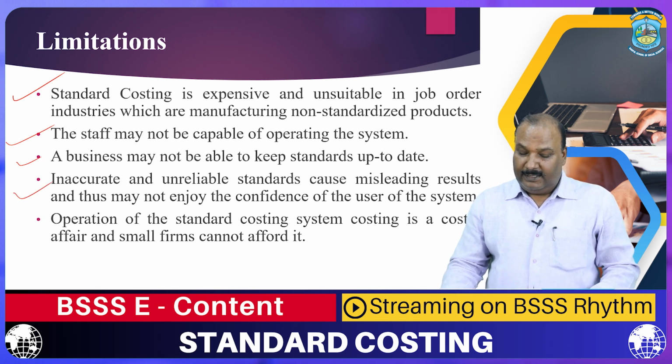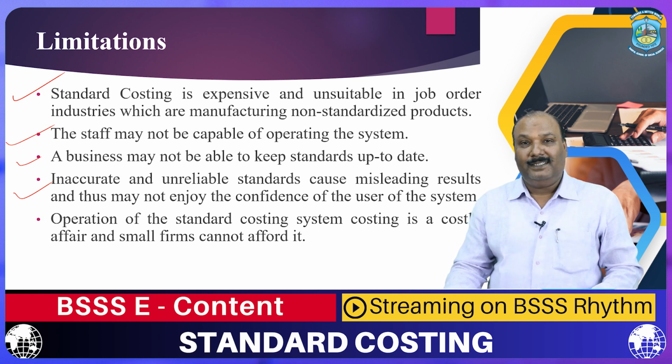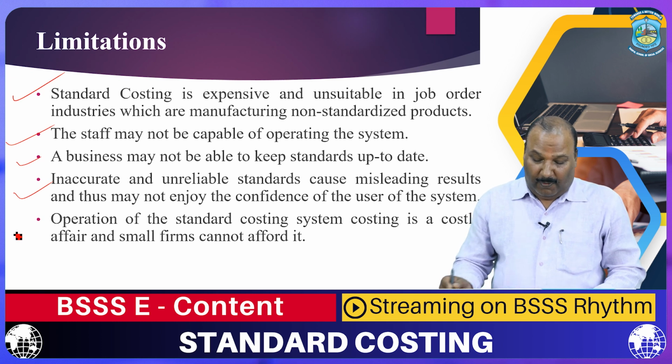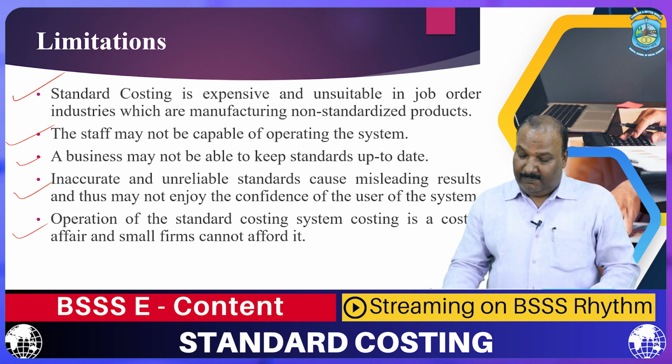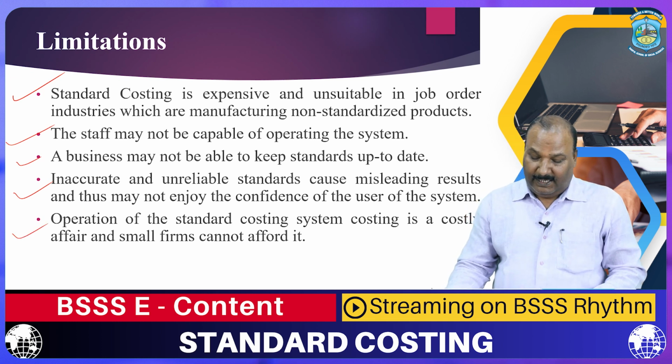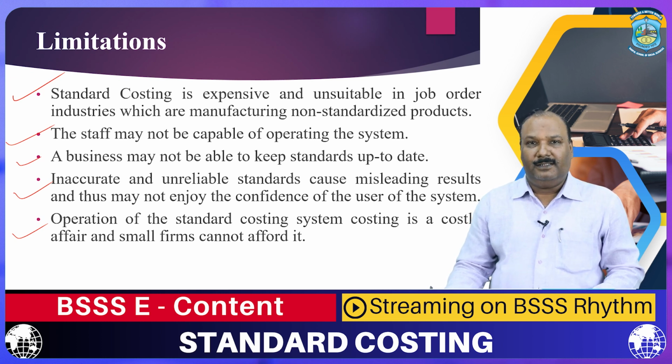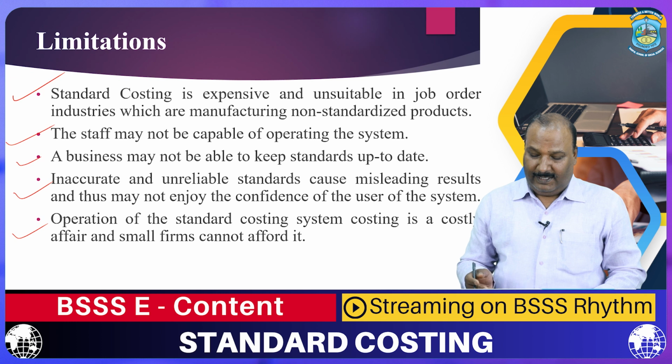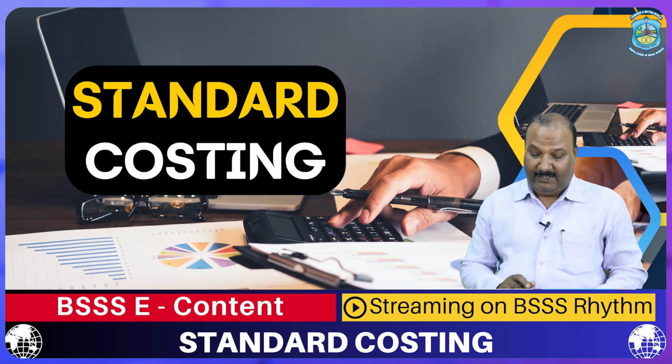Inaccurate and unreliable standards cause misleading results and thus may not enjoy the confidence of the users of the system. Operation of a standard costing system is a costly affair and a small firm cannot afford it. Where small industries are concerned, it is not applicable. It is the limitation for small industries.